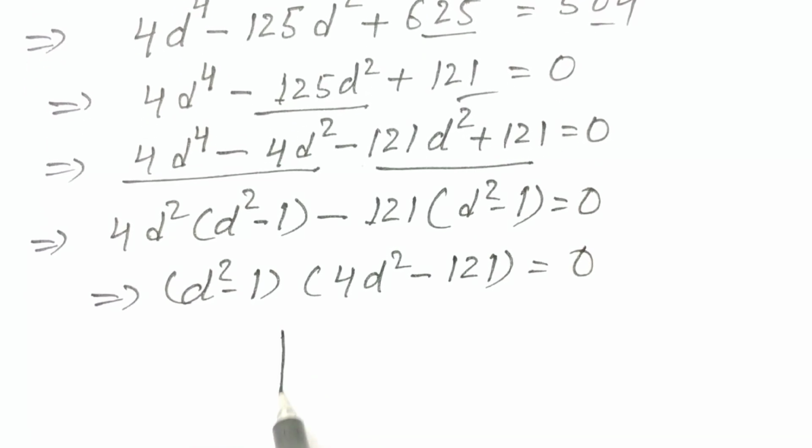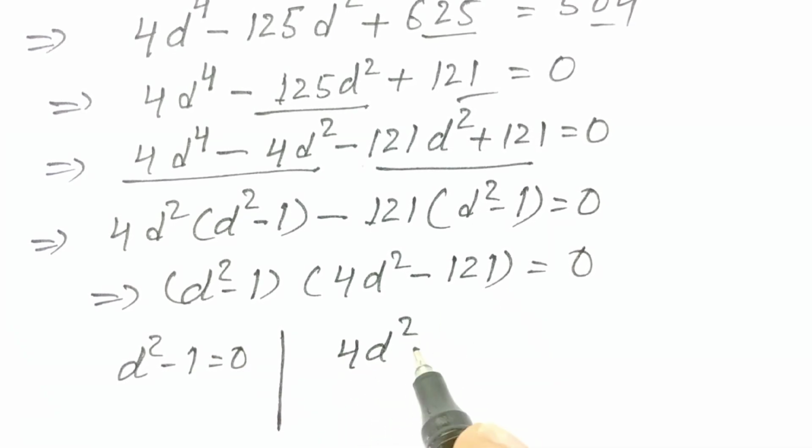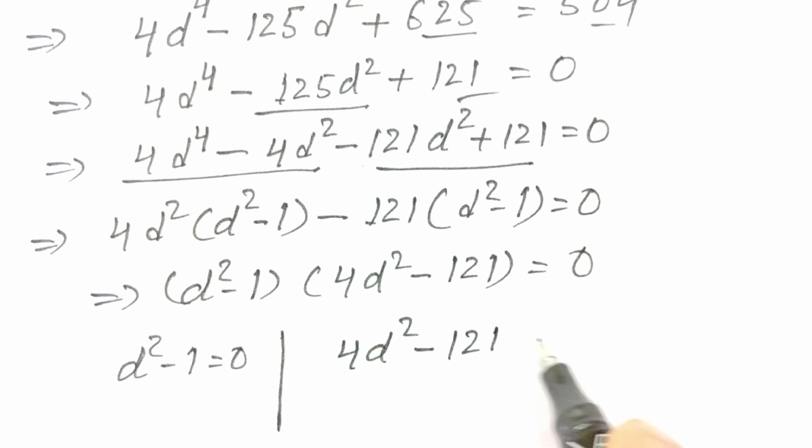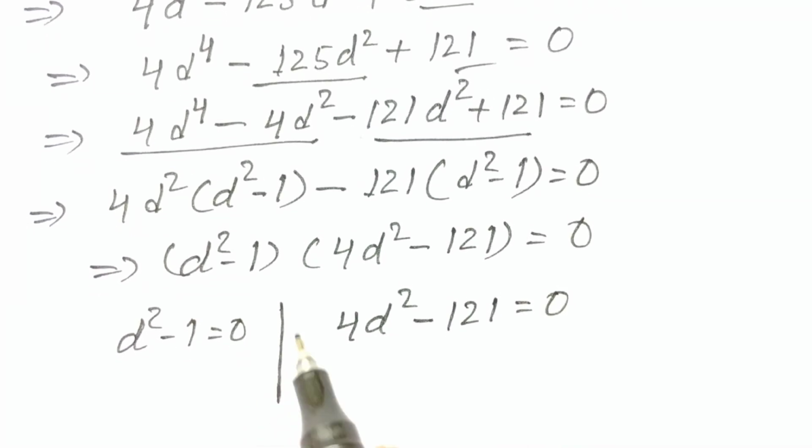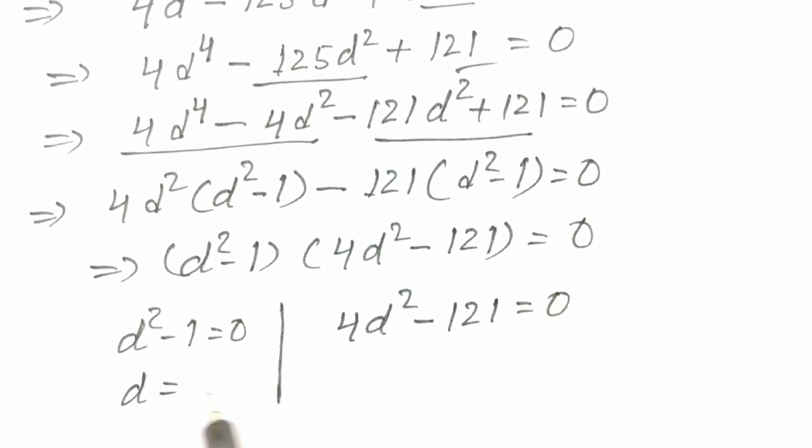Now we have two cases. d square minus 1 is equal to 0 and 4d square minus 121 is equal to 0. Fine. So d is equal to plus minus 1 and here d is equal to plus minus 11 over 2, right?